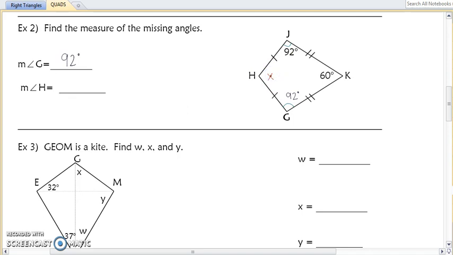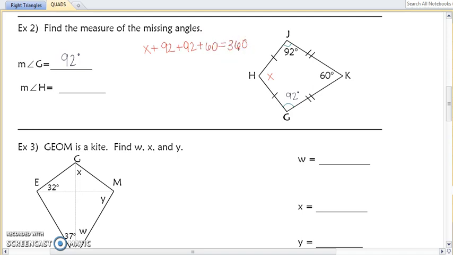think about just our property of a quadrilateral. We know that all the angles have to add to 360 degrees. So we will create an equation, x plus 92 plus 92 plus 60 is equal to 360.